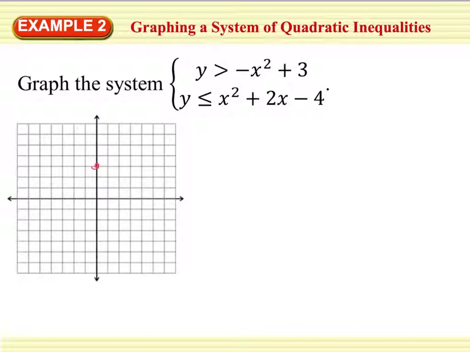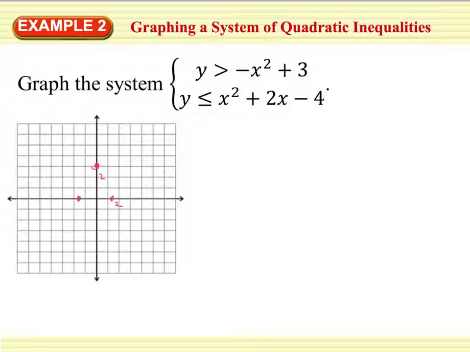So I'm going to go ahead and plot that. Again, I'm going to make each point an increment of 2 or increment of 1. When I graph negative x squared plus 3 on my calculator, I see that I have x-intercepts between negative 1 and negative 2, somewhere in here, and another x-intercept between a positive 1 and a positive 2.